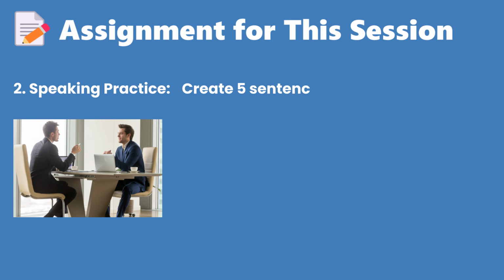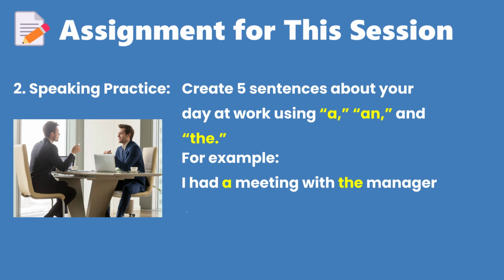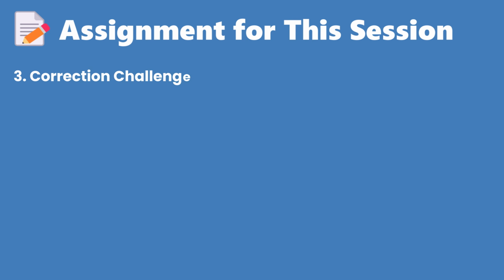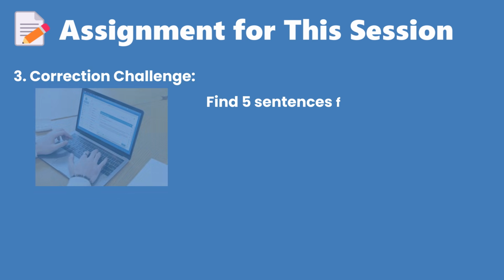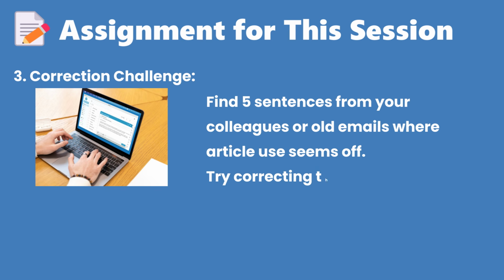Create 5 sentences about your day at work using a, an, and the. For example, I had a meeting with the manager about an issue. Your third assignment is correction challenge. Find 5 sentences from your colleague or old emails where article use seems off. Try correcting them and share in the community.